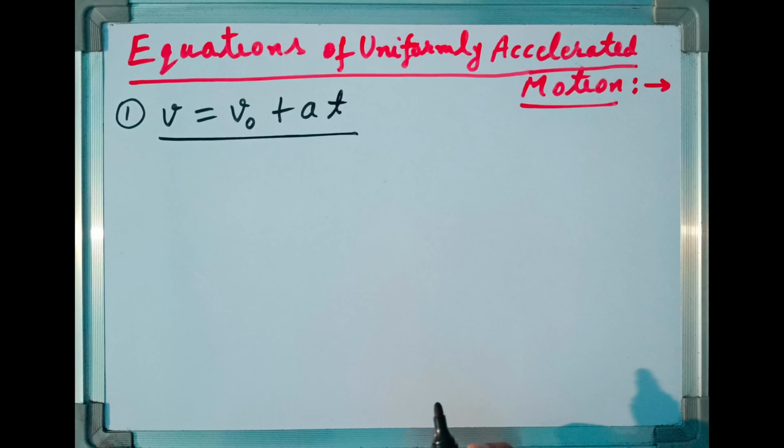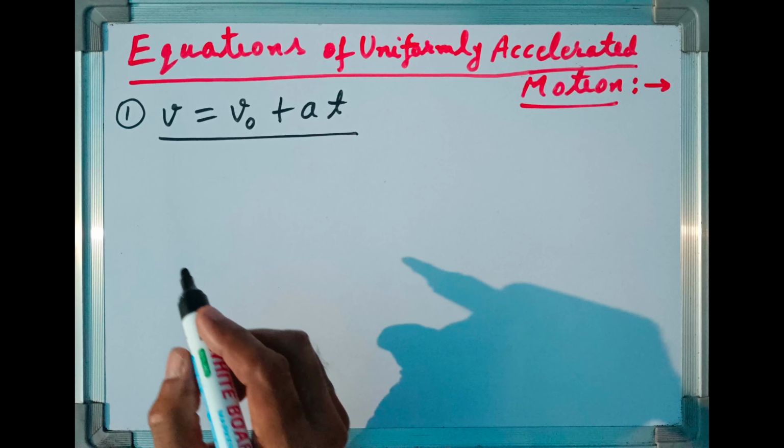We have to prove this equation where v naught is speed of body at time t equal to 0, v is speed of body at any time t, and a is value of constant acceleration of the body.